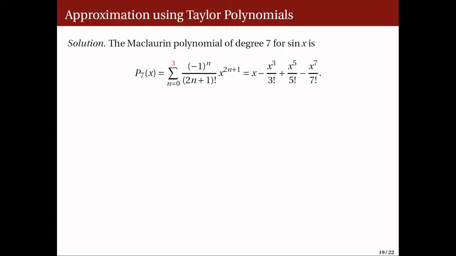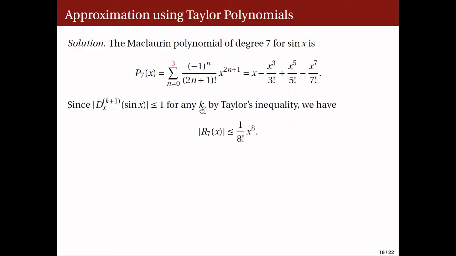Okay, so let's now go to the derivative of sine x. Note that the k plus first derivative of sine x is either plus or minus cosine x or plus or minus sine x, which are all bounded by negative 1 and 1. And so the magnitude of this derivative is less than or equal to 1 for any k.